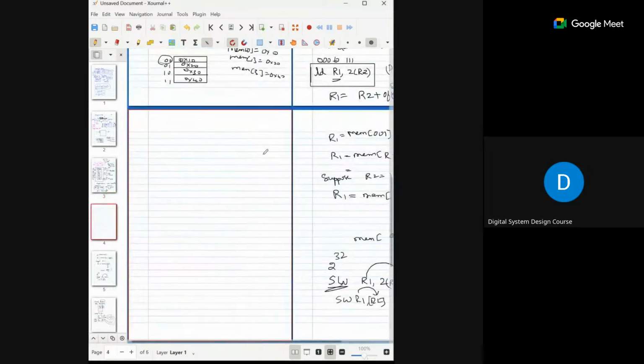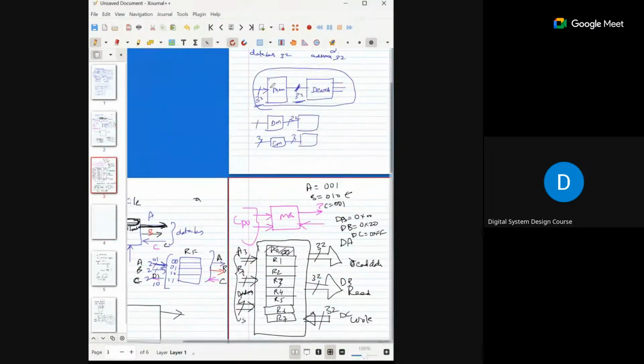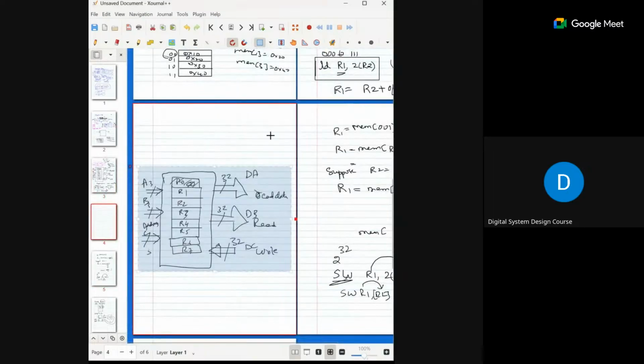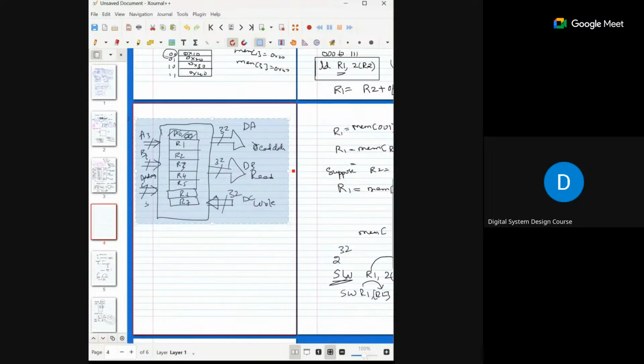Let us expand here. Imagine this is the total full circuit.